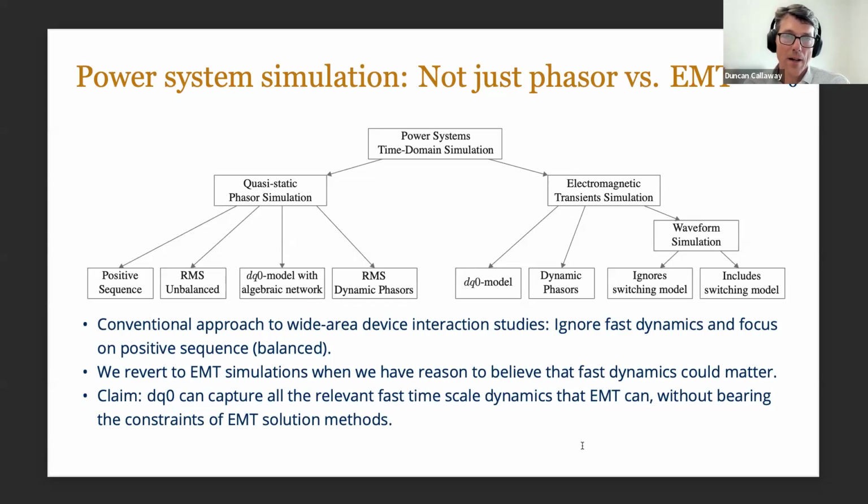So the quasi-static phasor simulation, when you think about something like PSSE or PSLF, we're typically sitting over here in phasor domain, positive sequence, where, as I suggested before, you're ignoring network dynamics. You're modeling the network just as an algebraic power flow solve. And the dynamics are effectively just wiped away. You're having to wipe away the fastest timescale dynamics in order to do that.